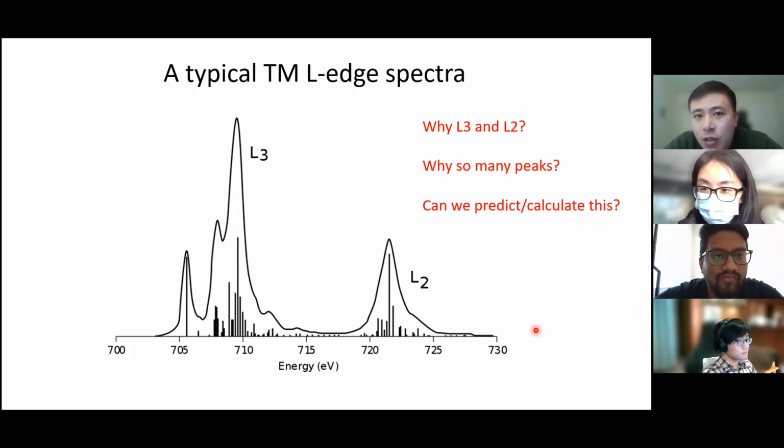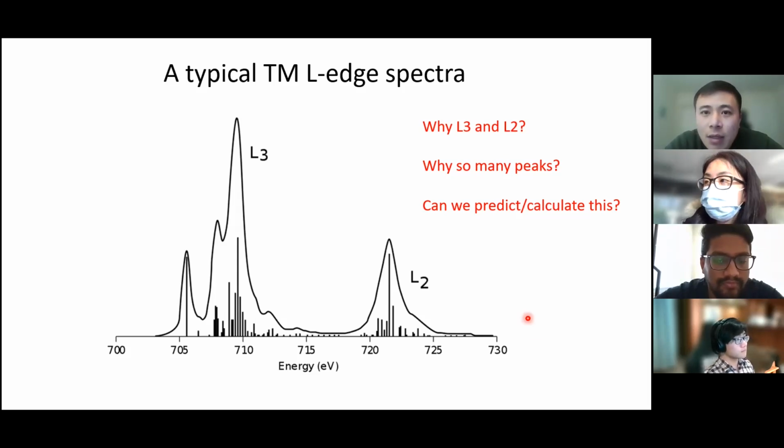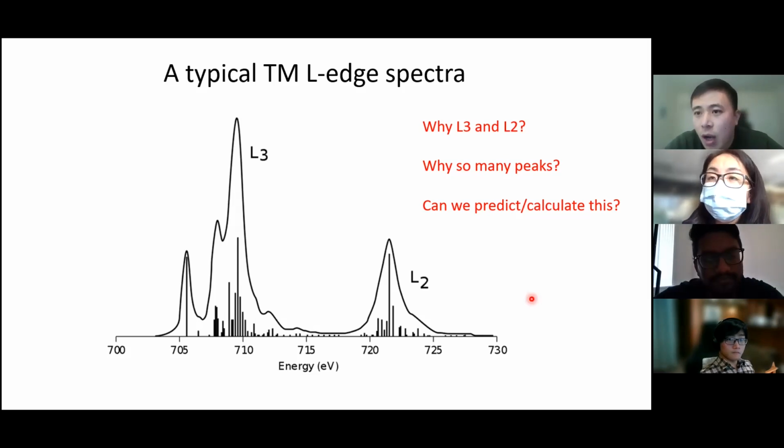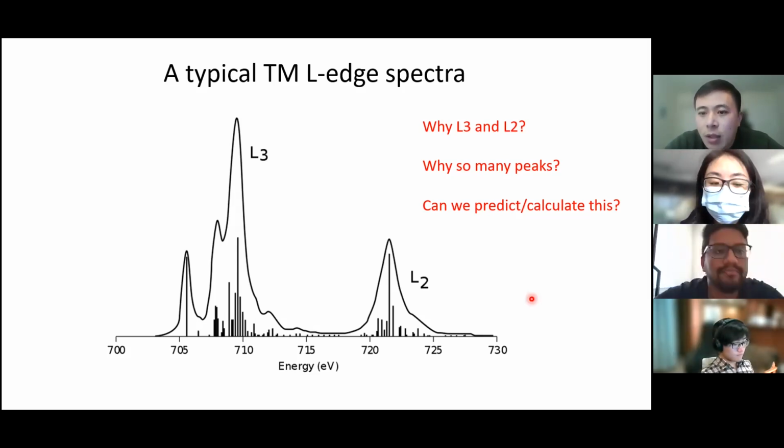And also for the transition metal L-edge, this whole field was started by Frank de Groot. I can type his name in case you haven't read his papers. He's from the Netherlands, and he has done a lot of work on the transition metal L-edge.